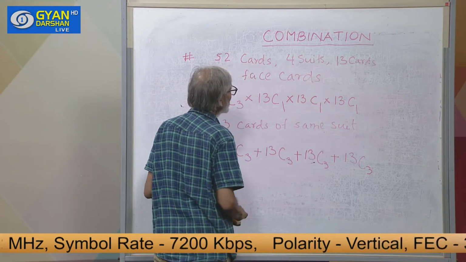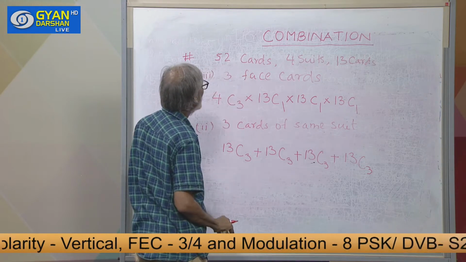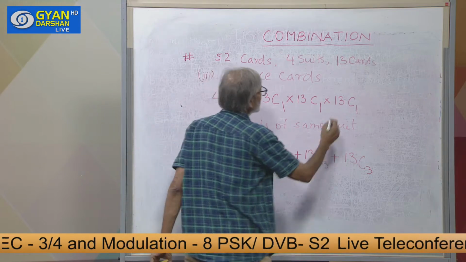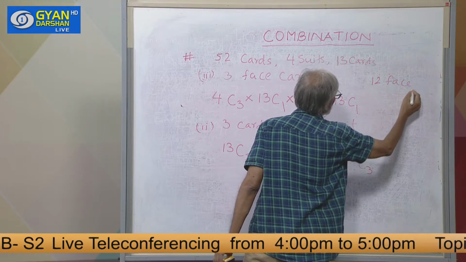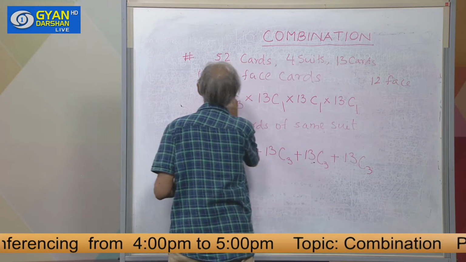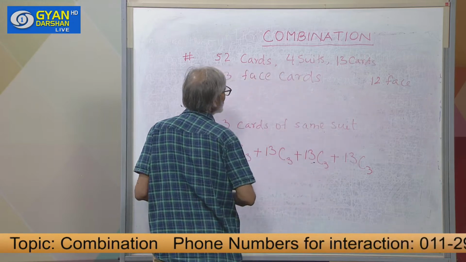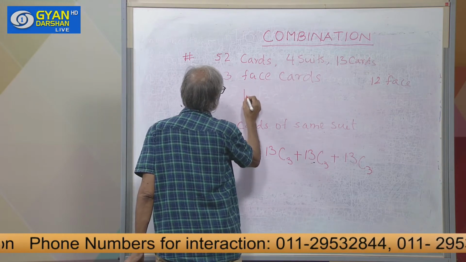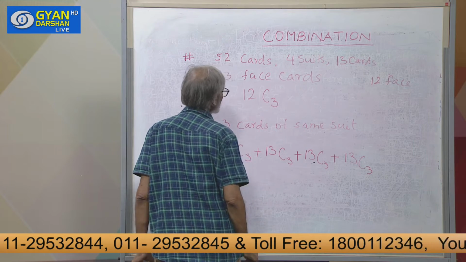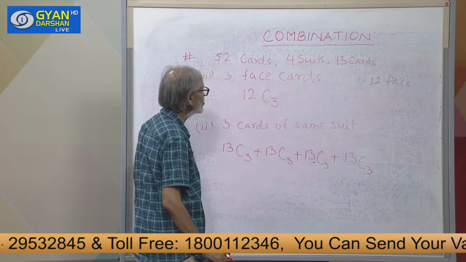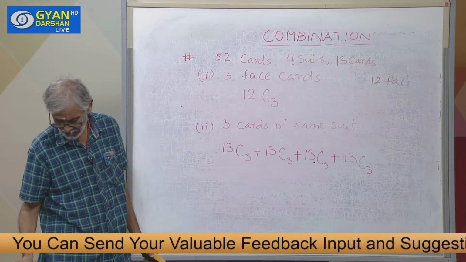So, you know, in the pack of 52 cards, there are 12 face cards in total. So, out of these 12, you have to choose 3. So, this combination can be done in 12C3. And again, here order is not important. So, the answer will be 12C3.